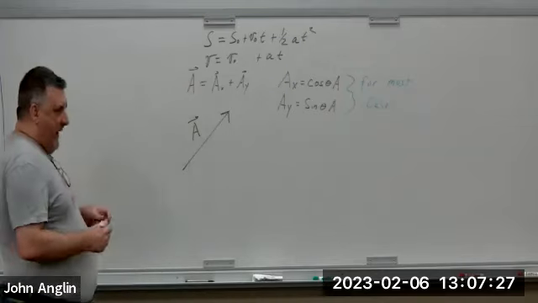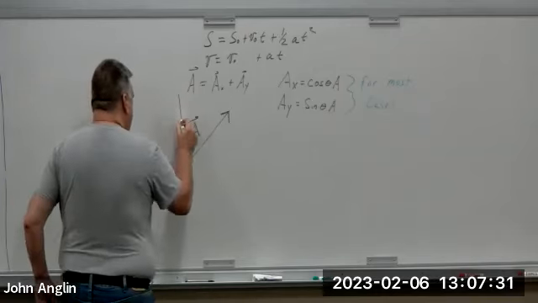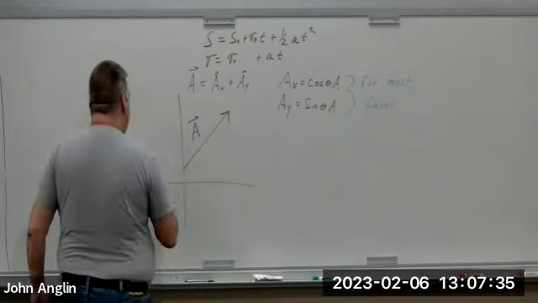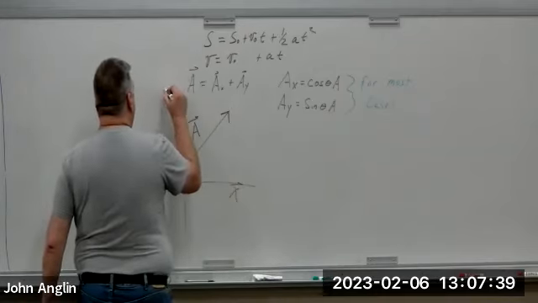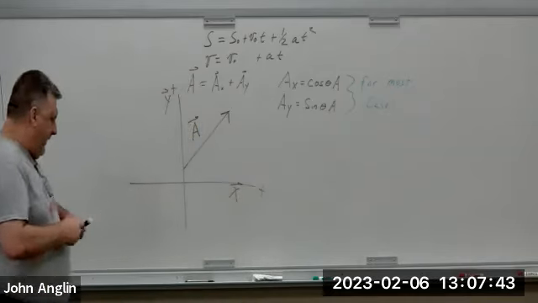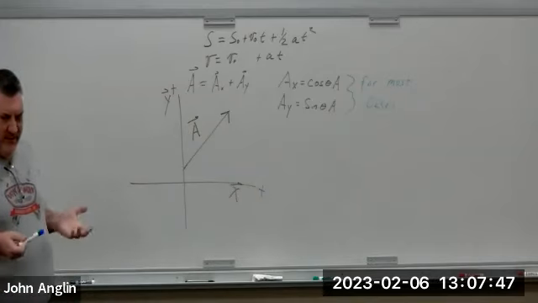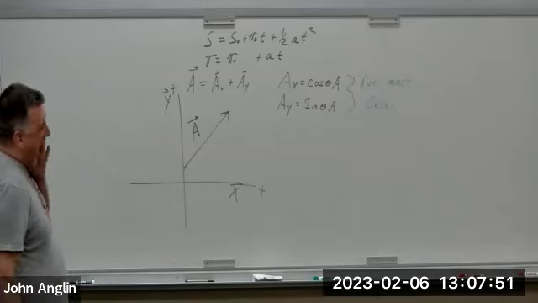So we have this vector A. Now I'm going to say, just arbitrarily, I have chosen a coordinate system that we're used to seeing, where X is positive to the right and Y is positive up.